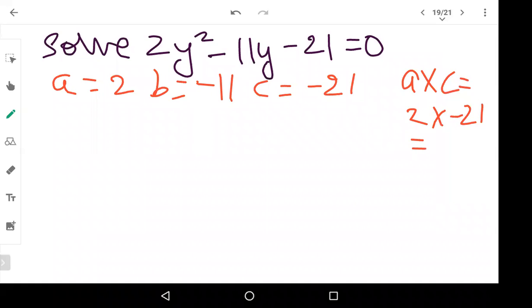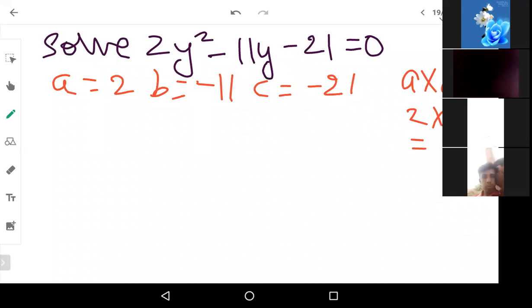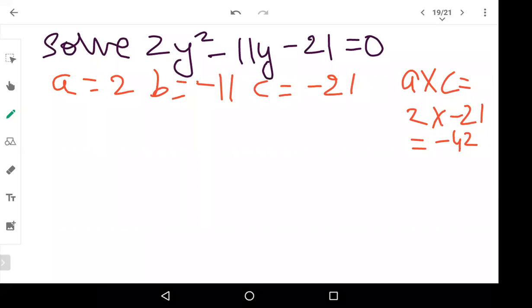So how much will be your answer? Minus 42. Now, find the factors in such a way that you get 42 as answer.